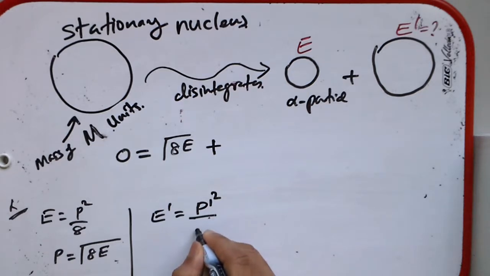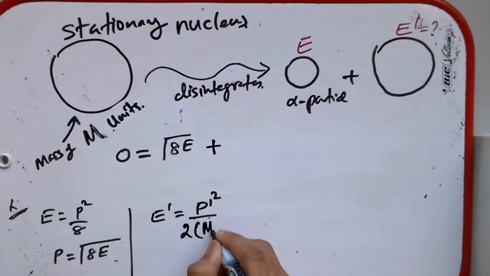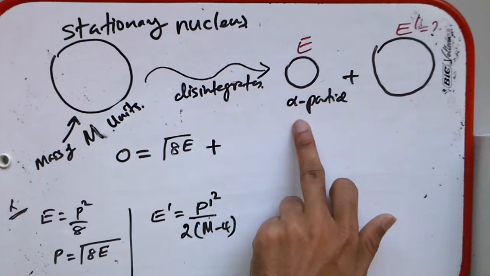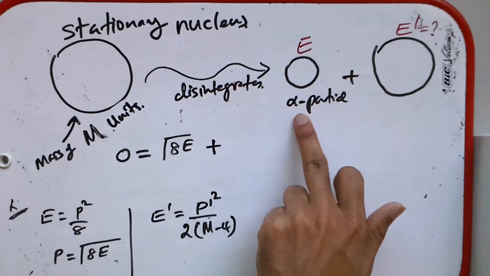The mass would be M minus 4, because the alpha particle mass is 4 units.